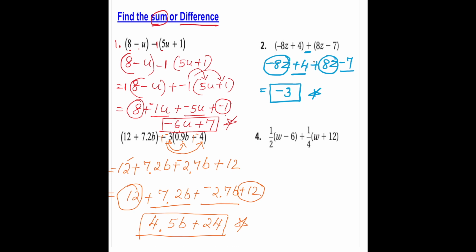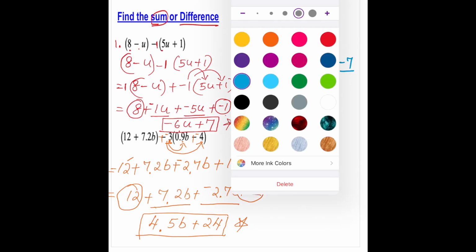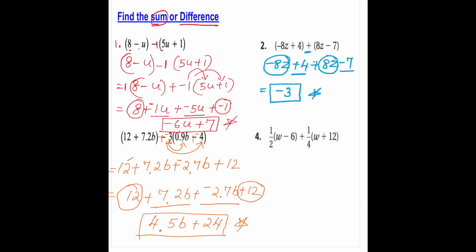And we used a lot of concepts that you learned before, like adding decimals, multiplying a decimal by a whole number, and positive and negative integer addition and subtraction. Now let's look at another problem where we have fractions as coefficients. We are going to distribute the fractions.